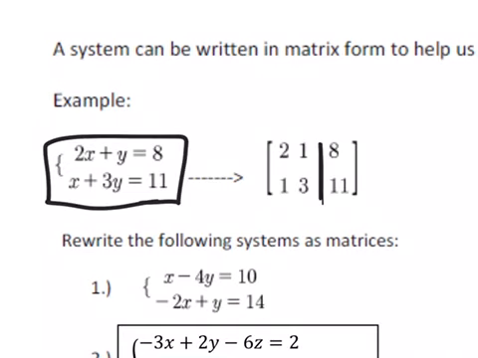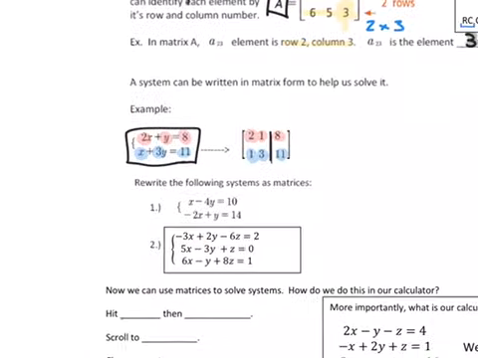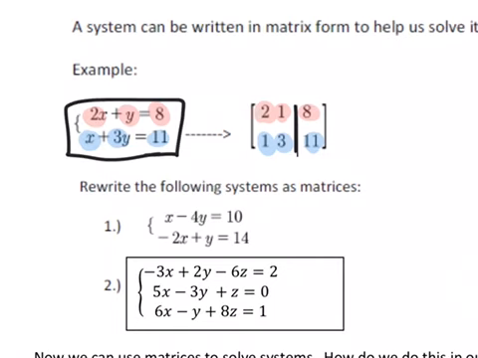And beyond that, it's very simple to understand how this matrix came about. Notice the numbers 2, 1, 8, 2, 1, 8. 1x, 3, 11, 1, 3, 11. So those coefficients and constants are the values that are going to be showing up in the matrix.